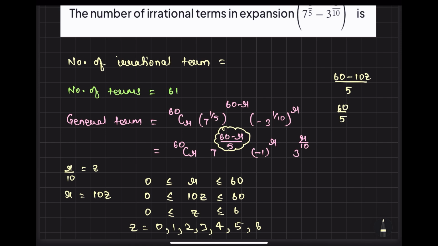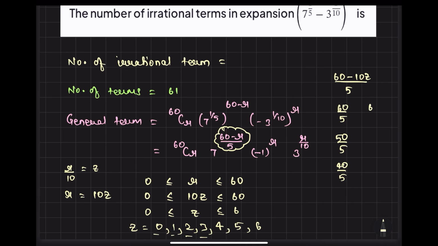Now take z as 1. So it is 10, and you get 50 by 5. It is an integer. Now take 2. This passes. So it is 60 minus 20, 40 by 5, which is an integer.